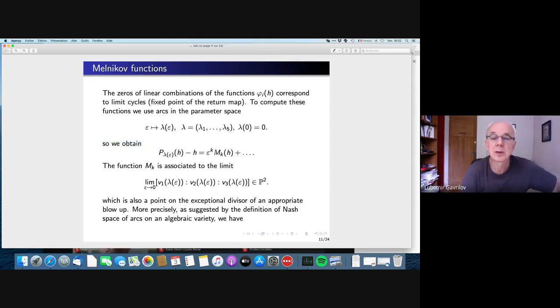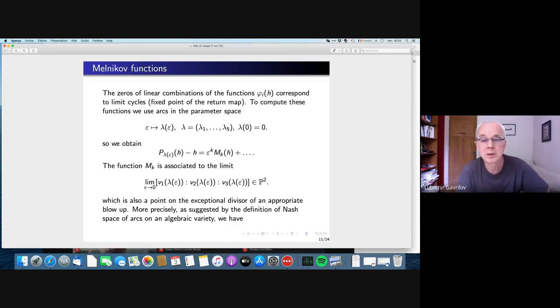This is called the Melnikov function of order k, because it is multiplied by epsilon to the power k. Morally, it means that in this way you hope to study the homogeneous piece of degree k of the Bautin ideal. Fortunately enough for us, we shall stop only at the second degree, so there will be no long computations.